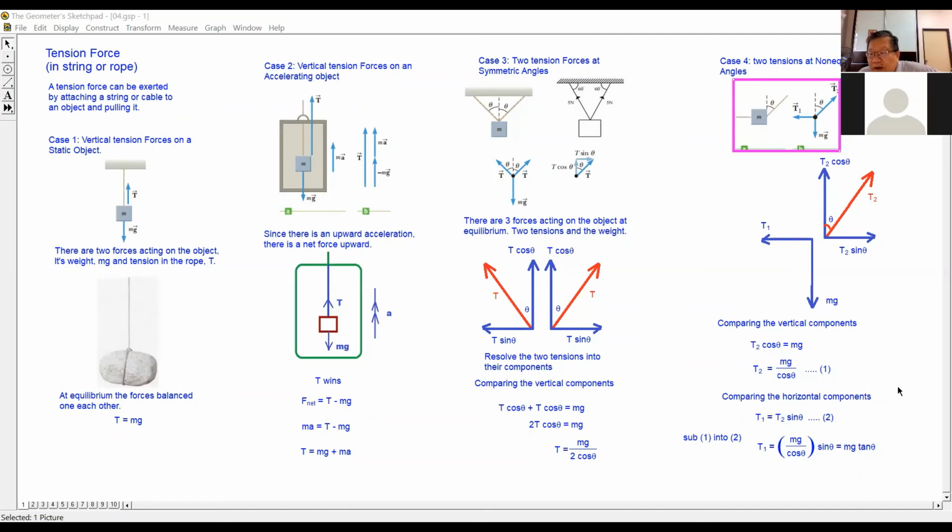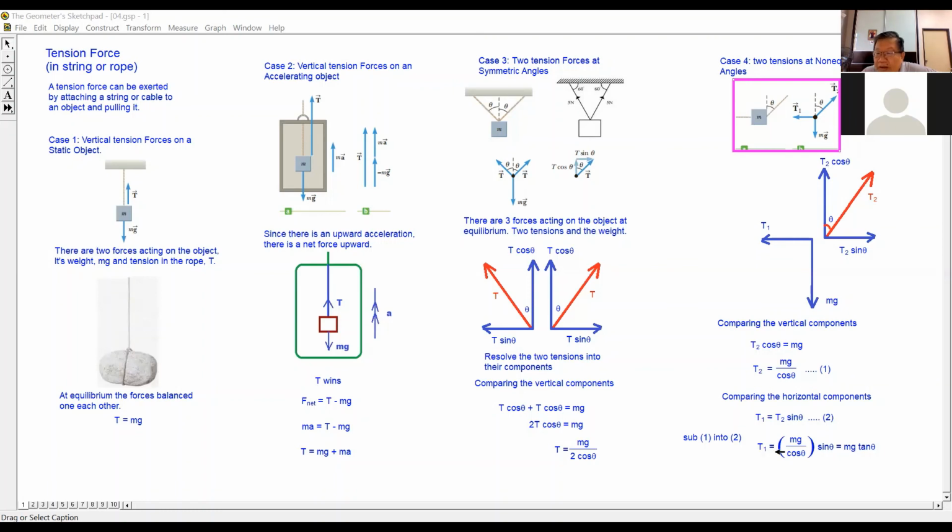Our aim is to find T1. So I replace the T2 here with what I have found earlier. What I found earlier is T2 is mg over cos theta. So I replace the T2 with mg over cos theta. mg remains as mg, but sine theta divided by cos theta is tangent theta.